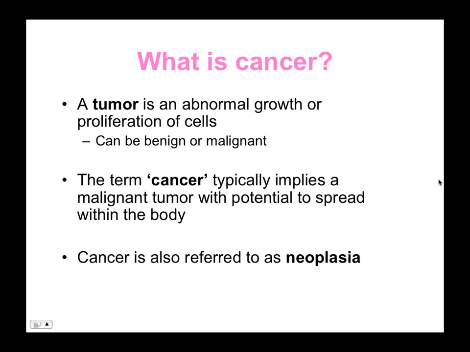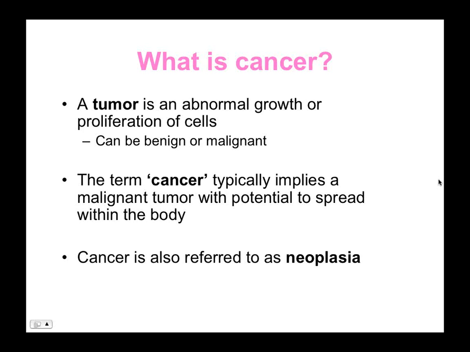A tumor can be benign or malignant. A good example of a benign tumor is a fibroid tumor of the uterus. These are very common in women, and that's just a benign collection of muscle cells in the uterus.